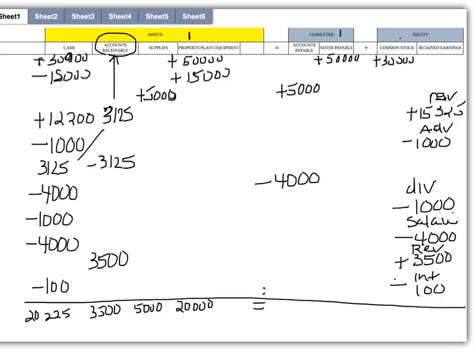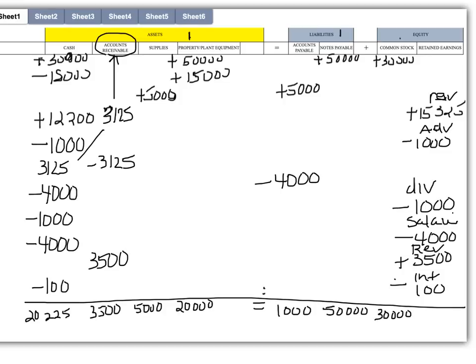So now let's go to the other side. We have 5 minus 4 gives us 1,000. We have a $50,000 note payable. We have 30,000 in common stock. And then our retained earnings, we need to do the same thing.